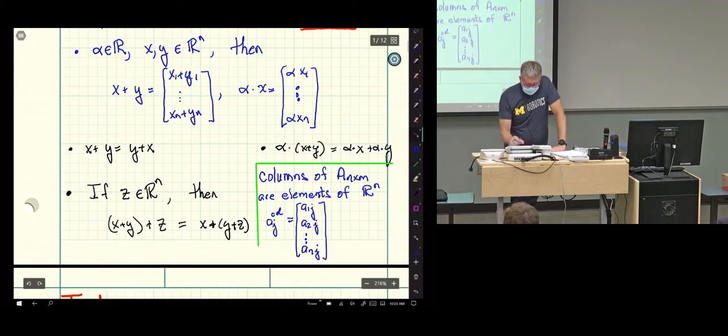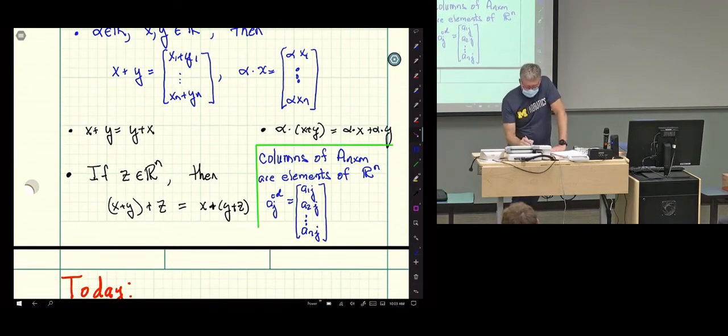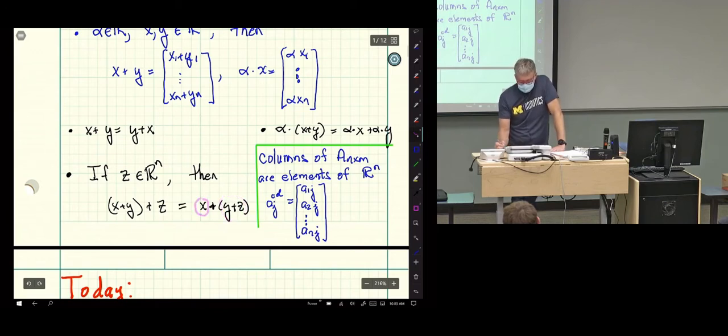And with that, you get the usual commutative law that it doesn't matter in what order you add the vectors. It's associative. If you have 3 of them and you add the first 2 of them first using this rule, and then you add a third vector to it, it's the same thing as if you added the last 2 first and then you added the third one.